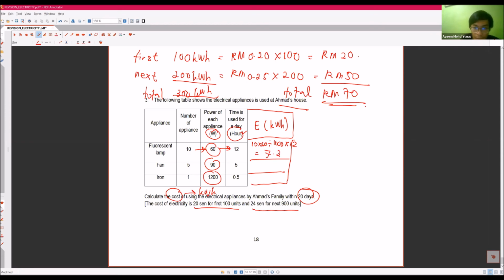And then the one below is 5 times 90 divided by 1000 times 5, which is 2.25. Then 1200 times 0.5 gives 0.6.